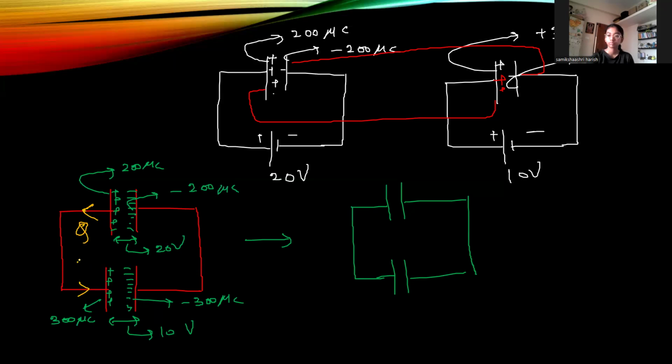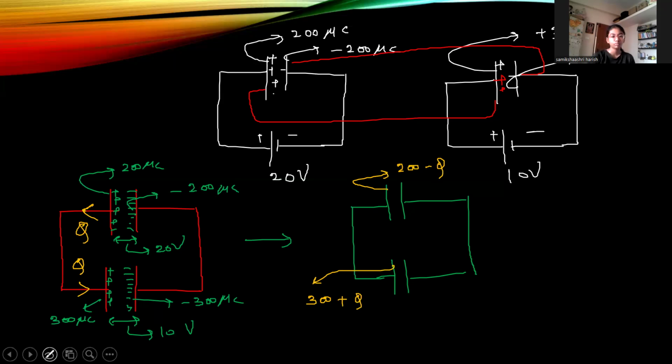Then after some time, the charge here is 200 minus Q, and on this plate it is 300 plus Q. Clear?